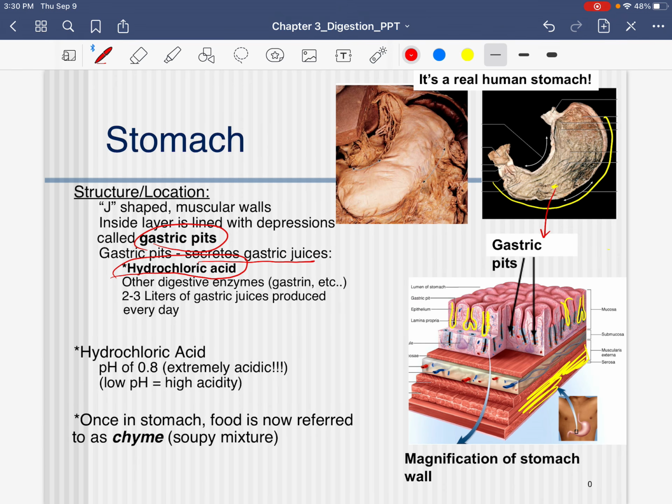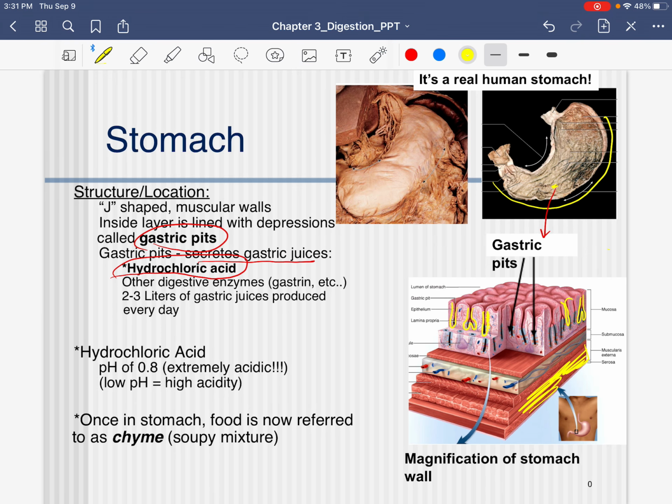Particularly, they secrete hydrochloric acid, as well as other digestive enzymes. Our stomach is a juicy place. We need the juice for the enzymes to chemically break down stuff. We need the juice for the lubrication. And these gastric pits allow a place for all those cells to produce those enzymes and hydrochloric acid.